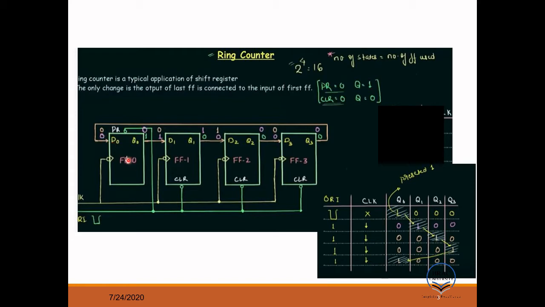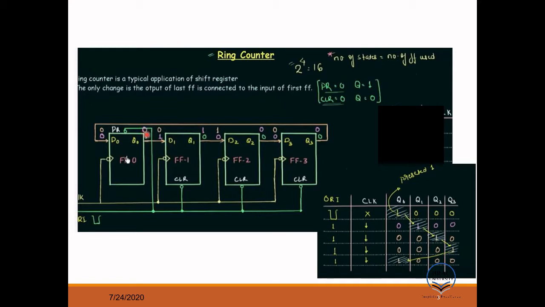And as it is a D flip-flop, if input is 0, output is 0, so the output will be this color, kind of bluish, sorry, violet color, so this will be 0. Then this 0 will be here for the second clock, so first and second.